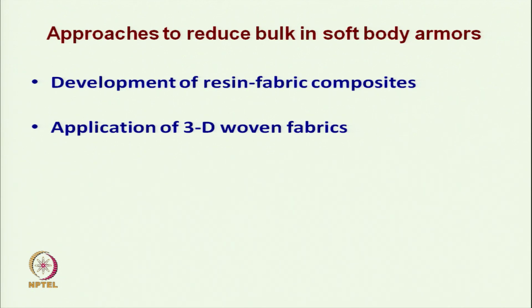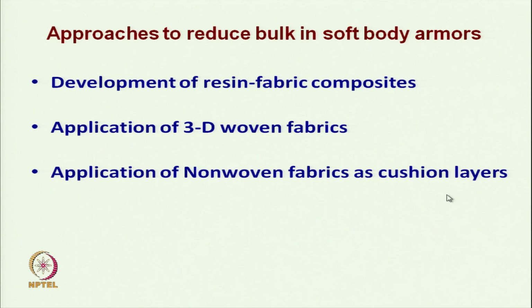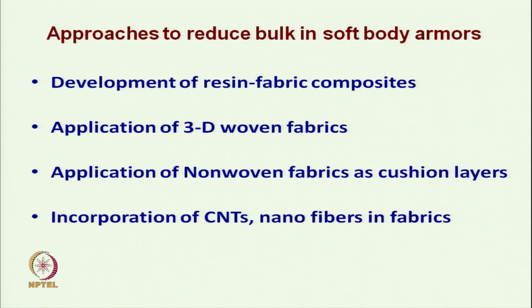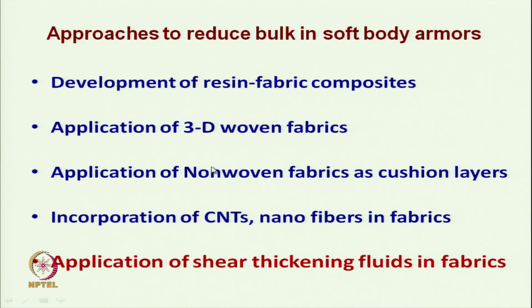The approaches are development of resin fabric composites, 3-dimensional woven fabric, non-woven fabric as a cushion layer, incorporation of carbon nanotubes or nanofibers in the fabrics, and application of shear thickening fluid in fabric. These are the approaches one can try. Research is going on in these areas.